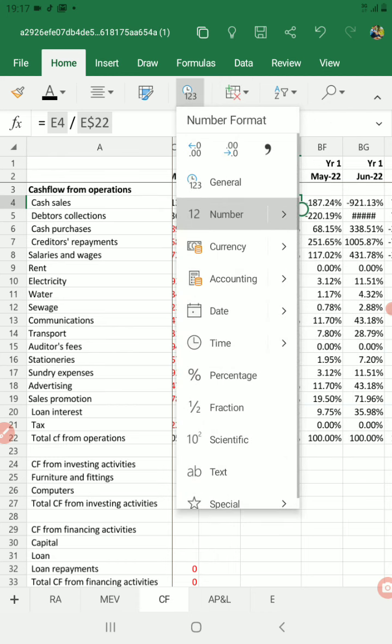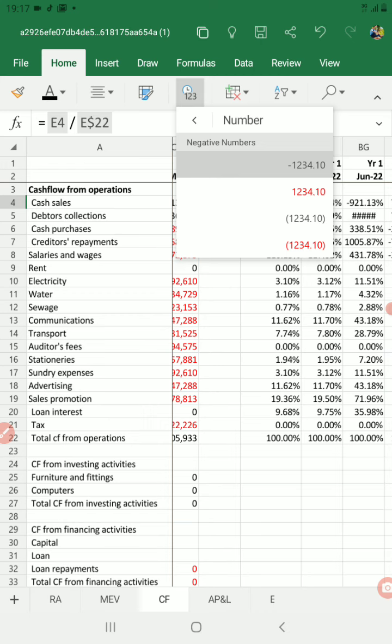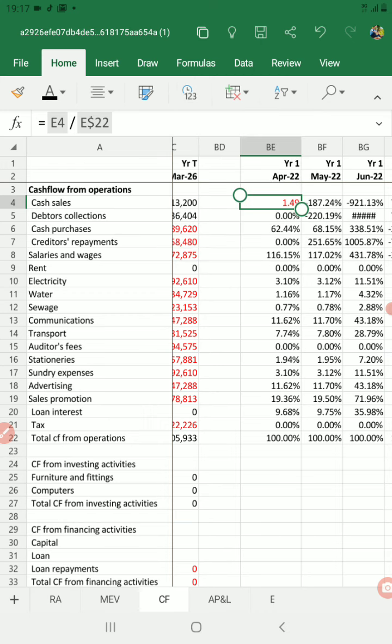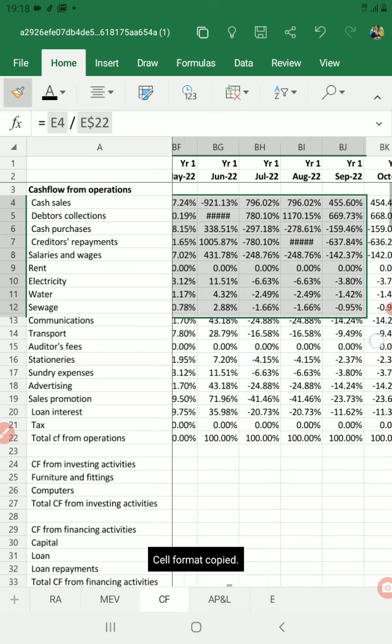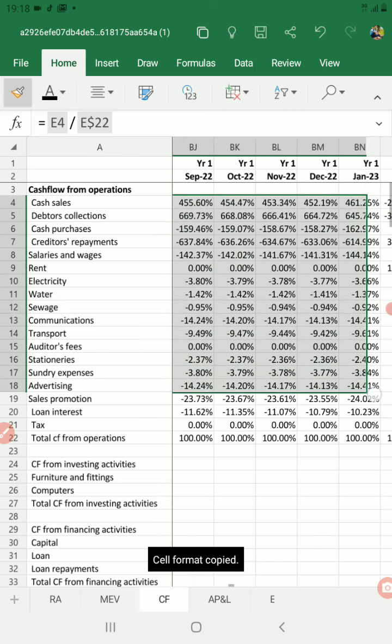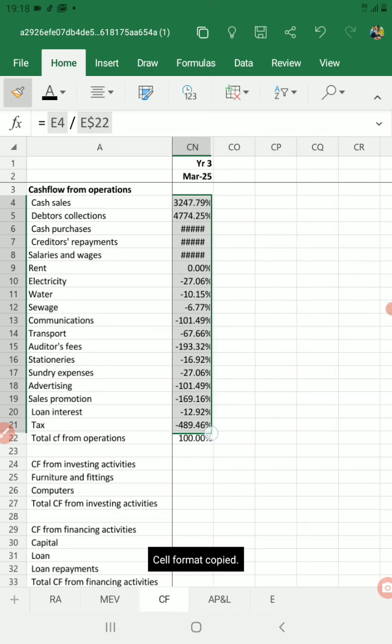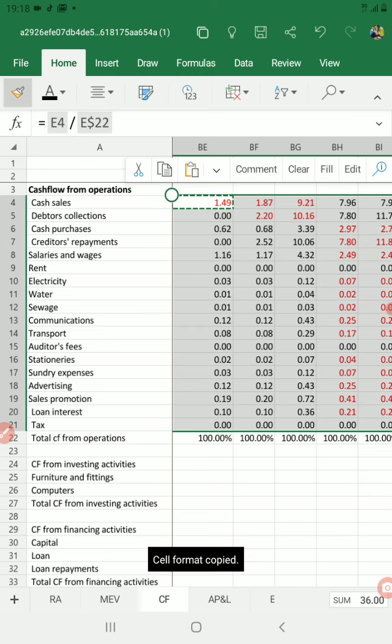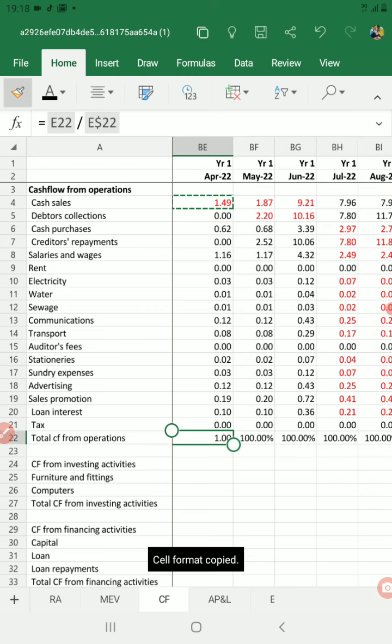Let me use the format pointer here to point to the rest of the other numbers, up to here, and of course this one also.